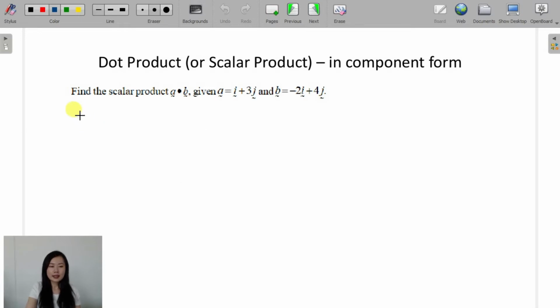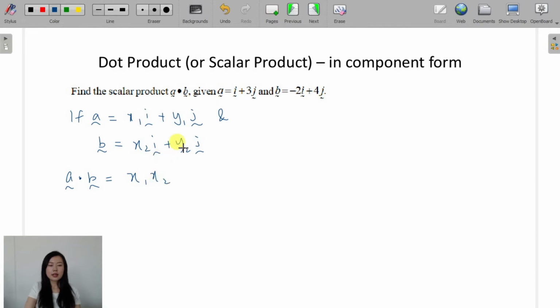So let's say if I have two vectors, A is x1i plus y1j, and B is x2i plus y2j, the dot product is actually very, very simple in component form. You multiply the x components together, or the i components together, and then the y components, and add them together. That's it.